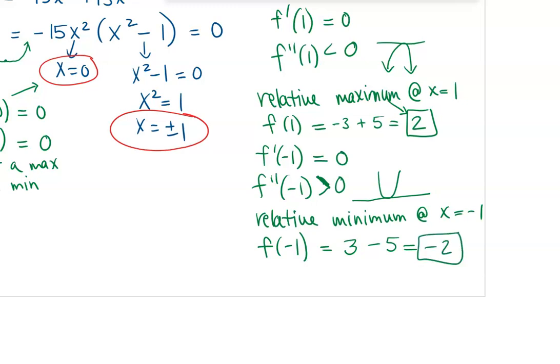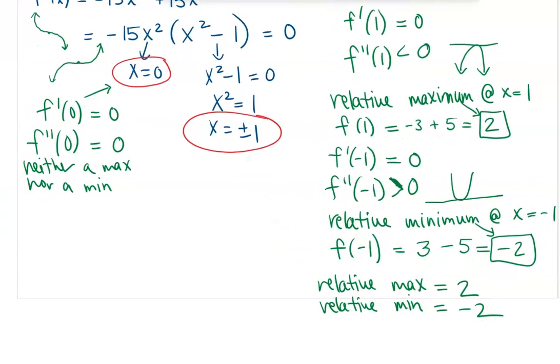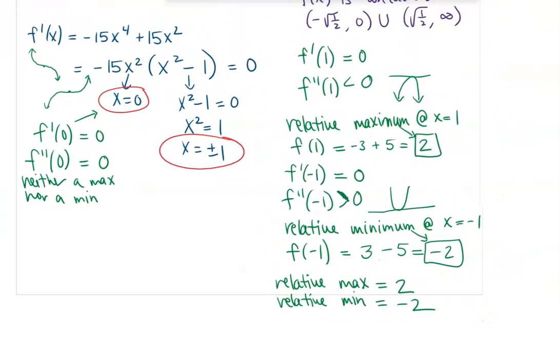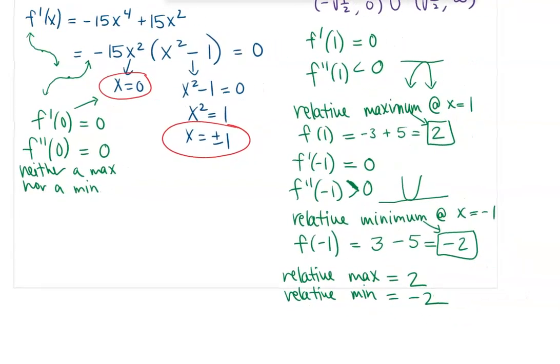So I have a relative minimum at x equals -1, and the minimum value is -2. And that's all that we needed to answer for this one. It doesn't tell us to decide if they're absolutes or not, so we don't need to look at the sign chart of f prime. We just needed to find the values of these relative maximums. And so that answered the last part of this question.